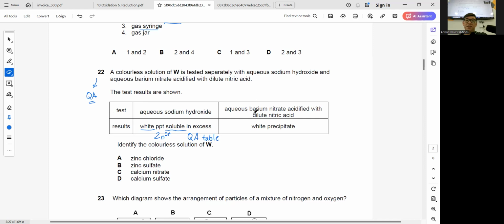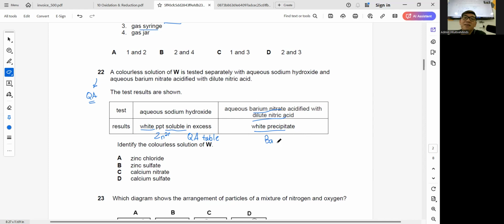What about the barium nitrate test? Acidified barium nitrate, white precipitate. Test for what? What does a white precipitate mean? Can you tell me the chemical formula of the white precipitate? The white precipitate is barium what?